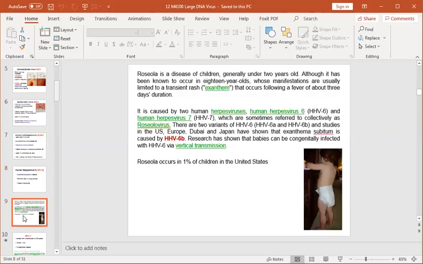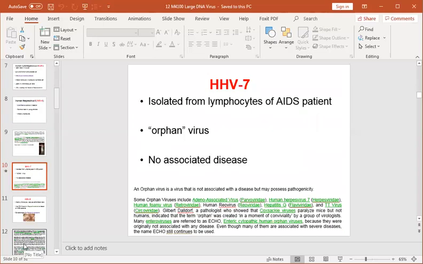Slide number 9 is a little bit of a description of roseola or exanthema. I would encourage you guys to read through that description. Slide number 10, HHV7, or human herpes virus 7.